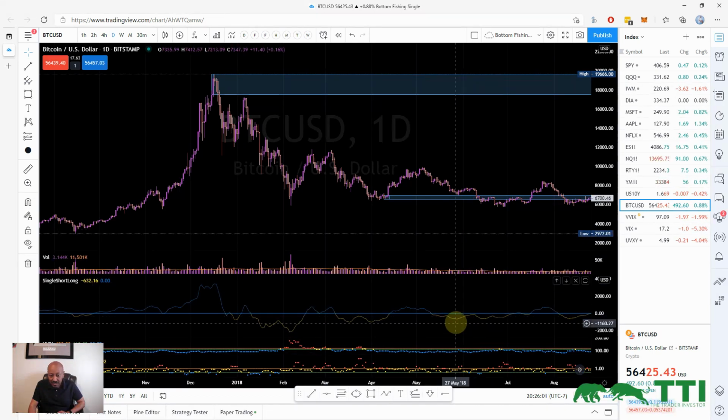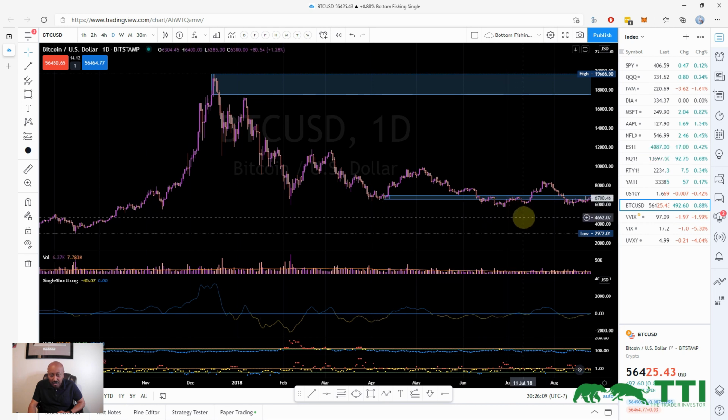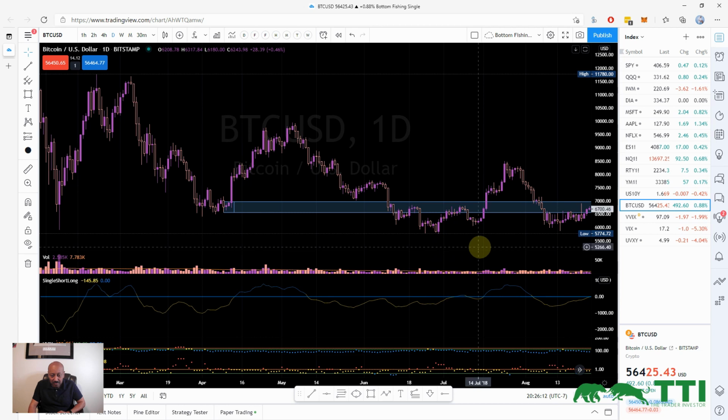So in this case, we are making lower lows, but our oscillator is remaining flat. So this is showing a good sign of reversal. So at the break of these highs, it's a potential entry with these lows as our stops, and then target something else.